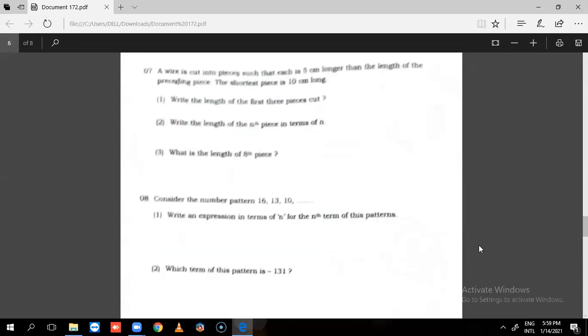A wire is cut into pieces such that each is 5 centimeter longer than the length of the preceding piece. The shortest piece is 10 centimeter long. Write the length of the first 3 pieces cut. Write the length of the nth piece in terms of n. What is the length of the 80th piece? Anyhow, we can read it, though it is a little bit not clear.